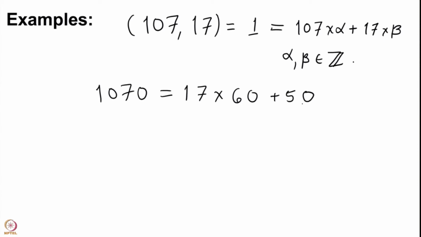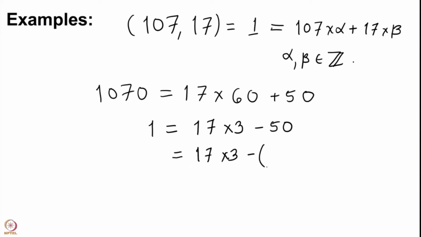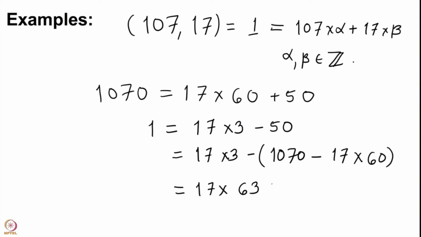So, the 50 that we have obtained will help us. So, 17 into 3, which is 51, minus 50 is 1, that is 17 into 3 minus 1070 plus 17 into 60, to give us ultimately 17 into 63 plus 107 into minus 10.